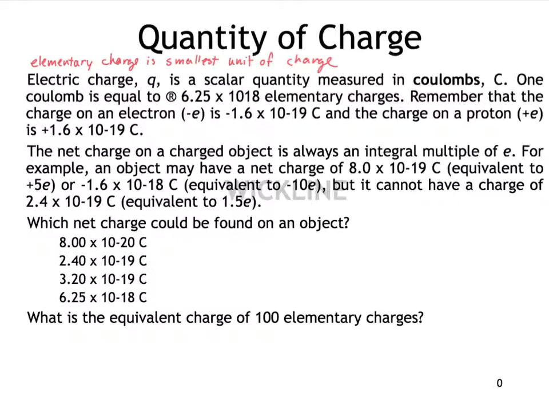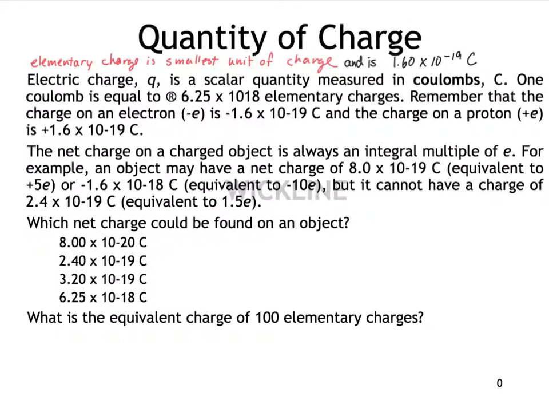Furthermore, I'd like to remind you that an elementary charge is defined as either a negative or a positive 1.6 times 10 to the negative 19th coulombs. So that means that there is no charge smaller than this charge, because the elementary charge is the smallest unit, and this is what it is in coulombs. So you can't have any fraction of this amount. You can have charges that are larger than this amount, but they have to be in exact multiples.